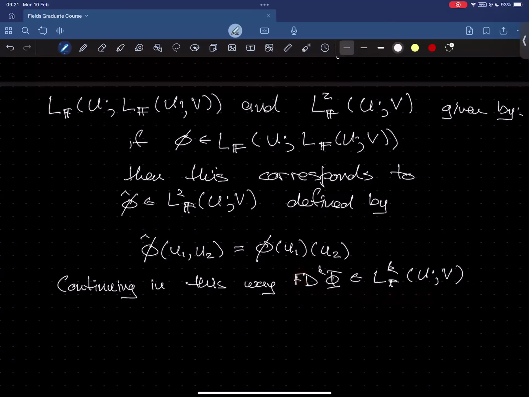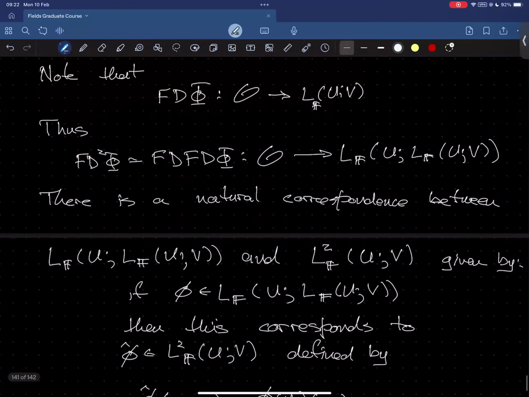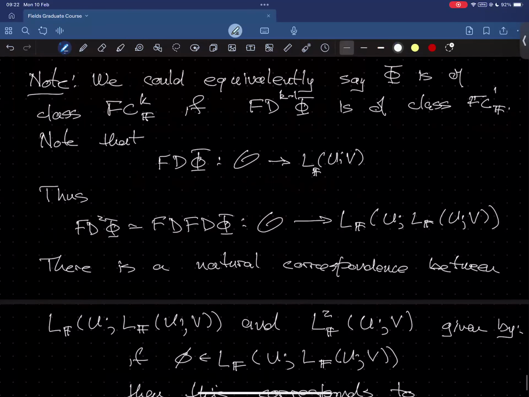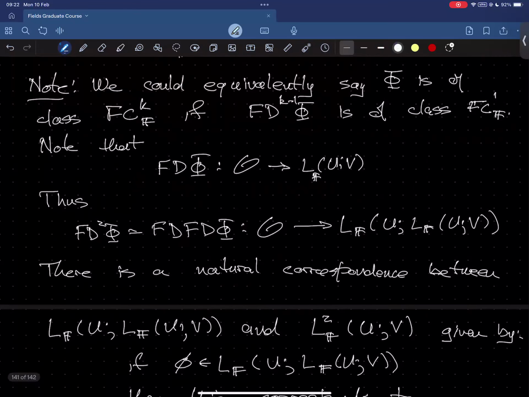And I should be careful here, I mean, when I evaluate this at a point X. And so for our situation, we do not have the dk phi as a continuous function of X. Again, the reason being that spaces of linear and multilinear mappings do not have natural topologies. Okay, so that is a little discussion about FCK. And so again, this should be somewhat familiar to you.